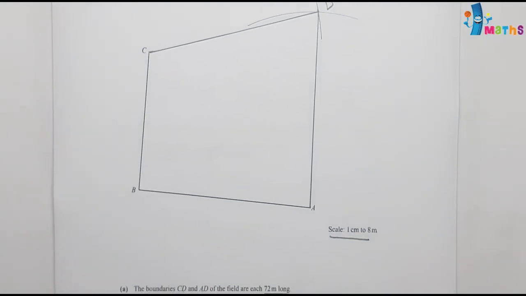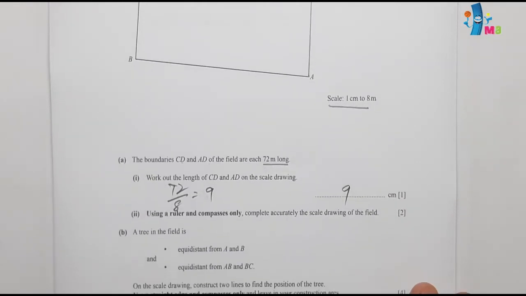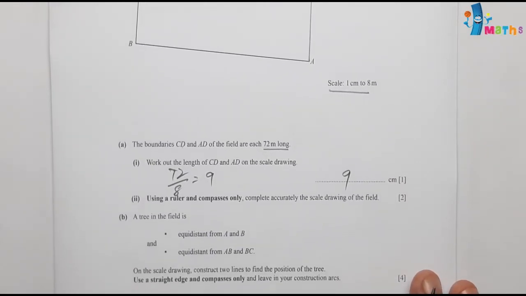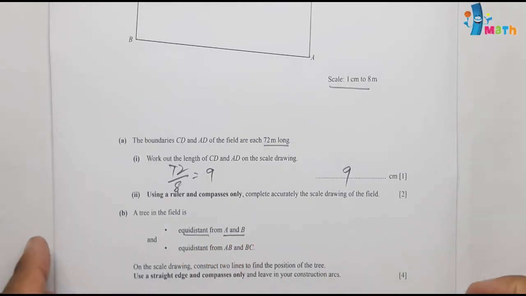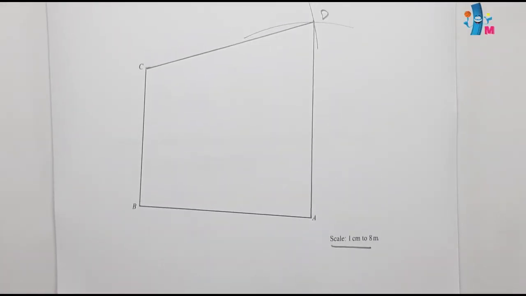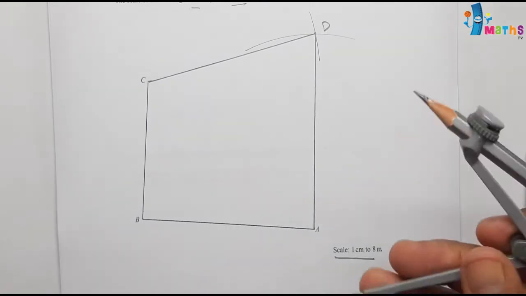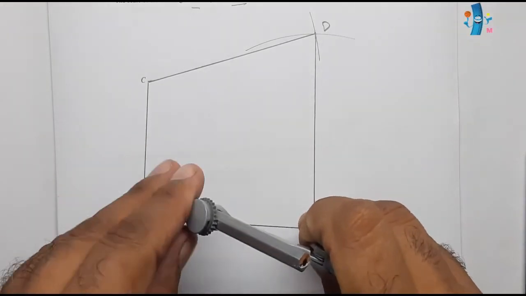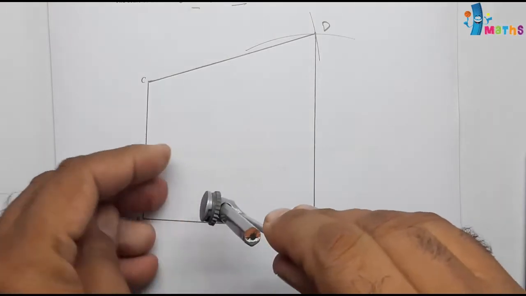Then they have mentioned that a tree in the field is equidistant from A and B. Equidistant from A and B will be the line which is bisecting the line segment AB.